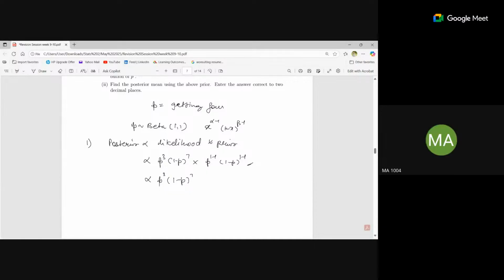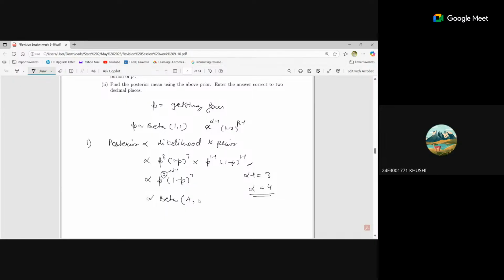Now, this is following a beta distribution with what parameters? If alpha minus 1 is 3, then alpha will be 4, and beta would be 8. So this is my posterior distribution of P. Is the solution clear to everyone? Yes, ma'am.